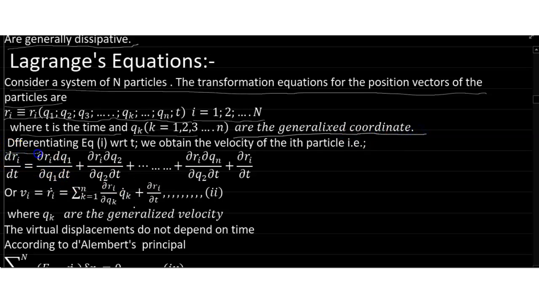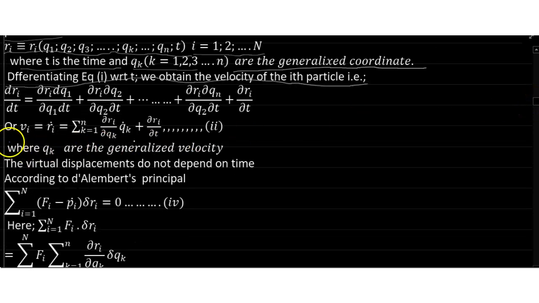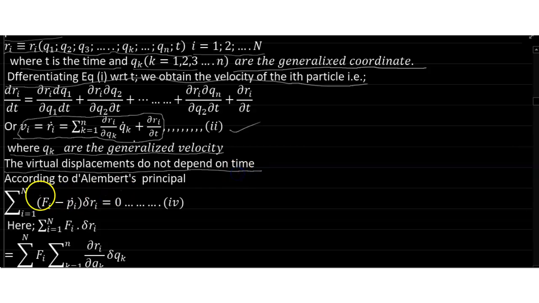Differentiating equation 1 with respect to time, dri by dt equals partial derivative of ri by q1 times dq1 by dt plus partial ri by q2 times dq2 by dt, and so on up to partial ri by qn times dqn by dt, plus partial ri by partial t. And vi is equal to ri dot. This is equation 2, where qk dots are the generalized velocities. The virtual displacement does not depend on time.